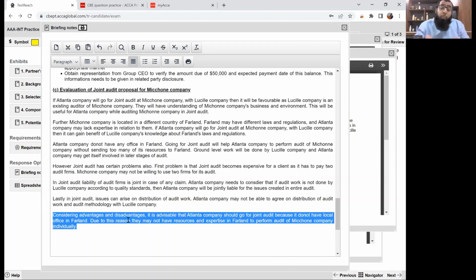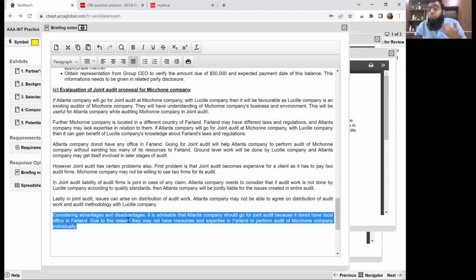You can add more points also in it. Like you can say that if there is a joint audit and the two audit firms have good synchronization, they sync in a better manner, and the two firms perform the joint audit pretty well, then it will be favorable, as they will be able to convince the client in a better manner.